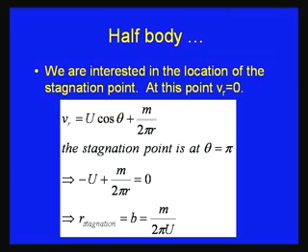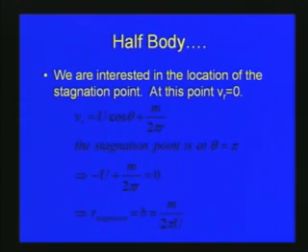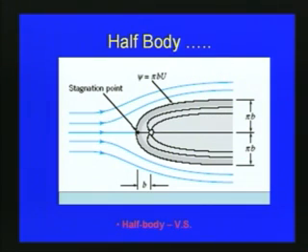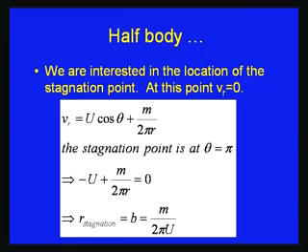Now for the stagnation point, with respect to this figure you can see that if the source is at the origin, the stagnation point is at theta is equal to pi.